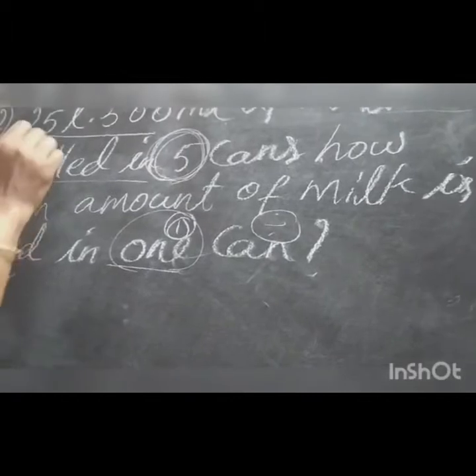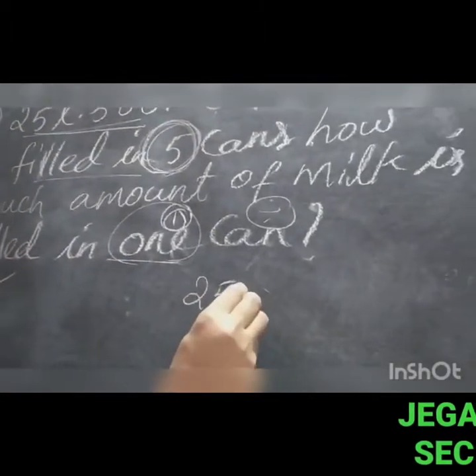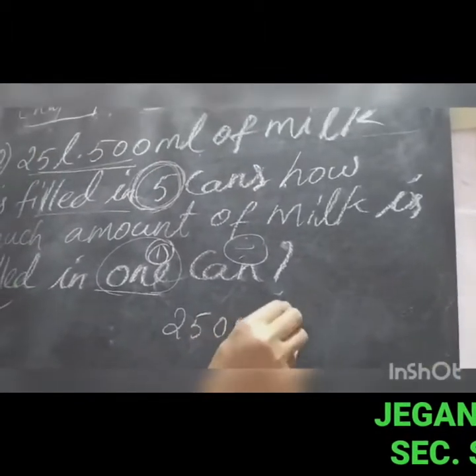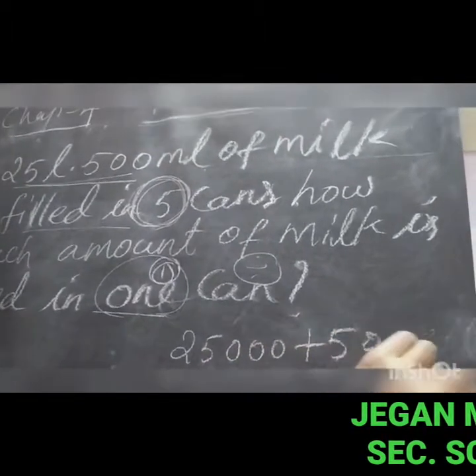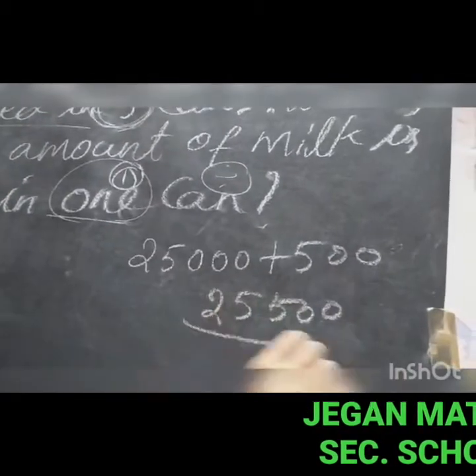Before division you have to convert this. So 25 liter, 25 into 1000 is 25,000, plus 500, you have to add this, 25,500. This is the full number.